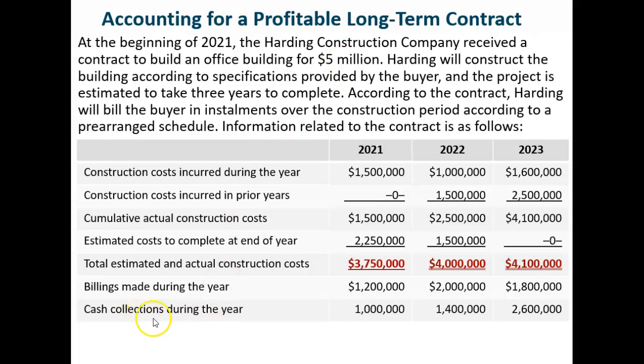And then cash collected against the receivables each year were $1 million in 2021, $1,400,000 in 2022, and $2,600,000 in 2023, which means that by the end of 2023, the full $5 million billed to the customer was collected from the customer.